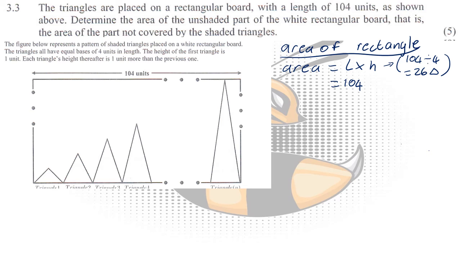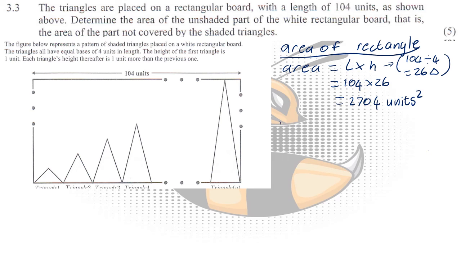So that means the height of this rectangle would be 26. So we multiply the length by 26, and the total area for the rectangle would be 2,704 units squared. So that is the first part.